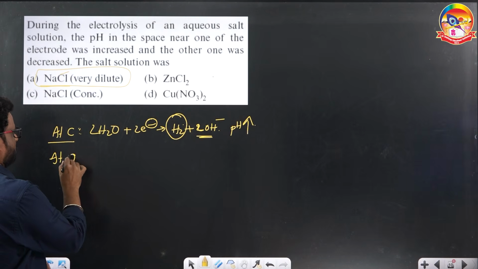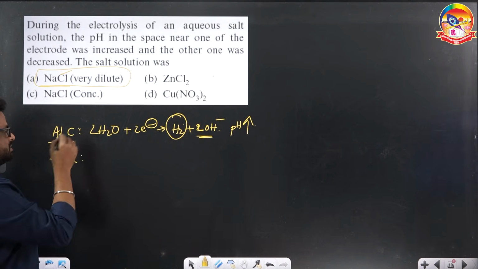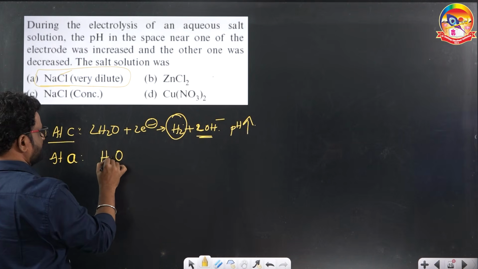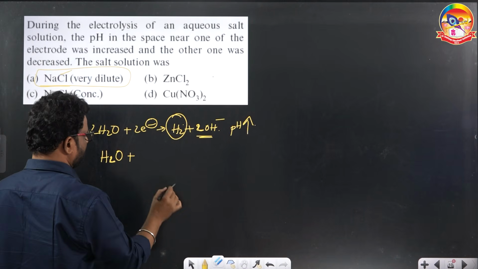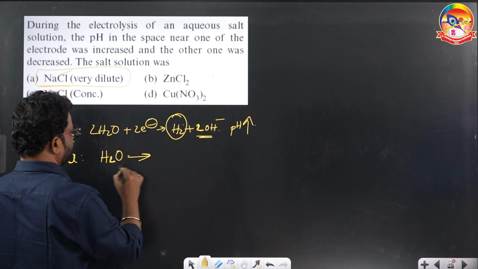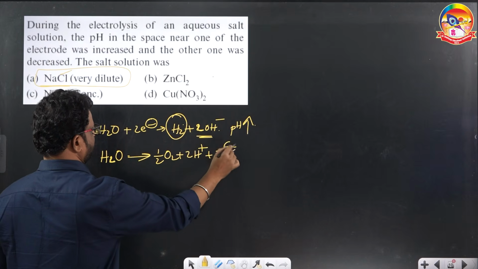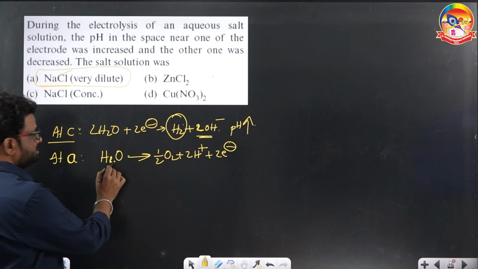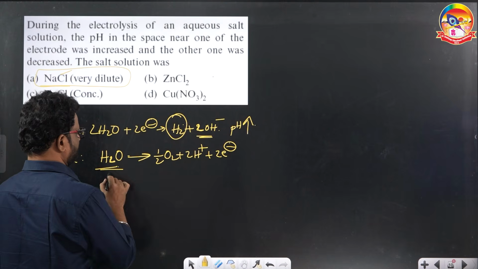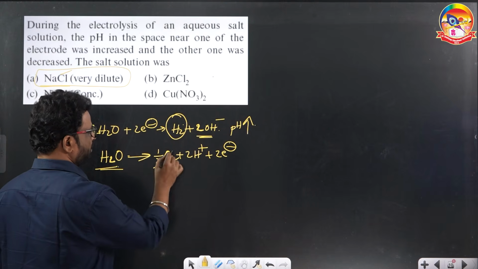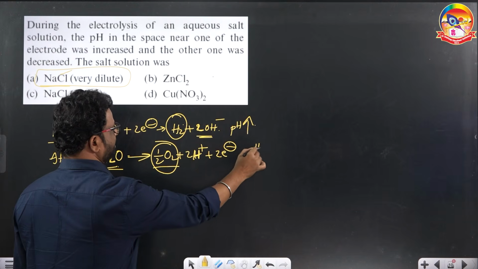At the anode, if it is very dilute, instead of chloride undergoing oxidation, water itself undergoes oxidation, or you can say OH minus undergoes oxidation. If H2O undergoes oxidation, H2O gives rise to half O2 plus 2H plus plus 2 electrons. So oxygen gas is the product, and along with this H plus is released, which means the pH of the solution will decrease.